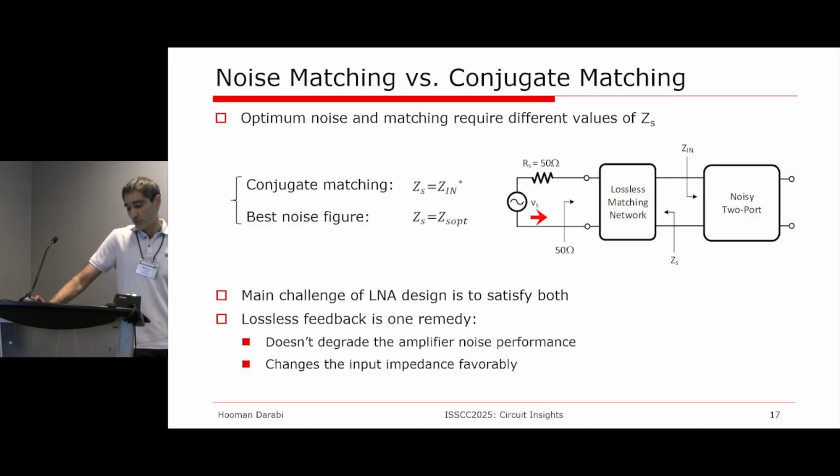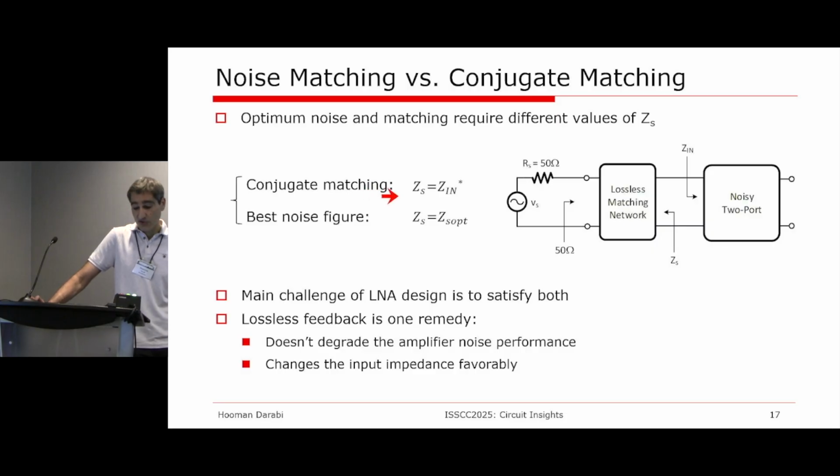Oftentimes, it's desirable to see a fairly well-defined impedance looking into the amplifier, usually 50 ohm. For that to happen, given that this network is lossless and reciprocal, Zs must be equal to Zin conjugate on this side of the matching network. This is known as conjugate matching.